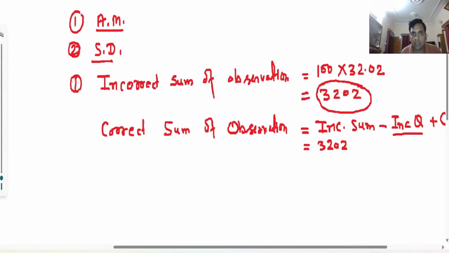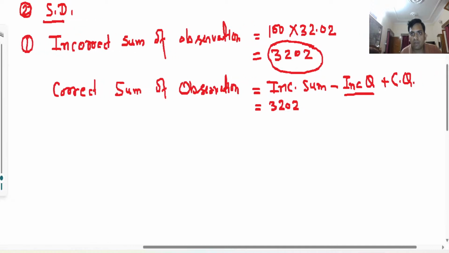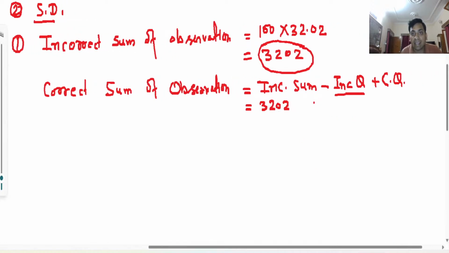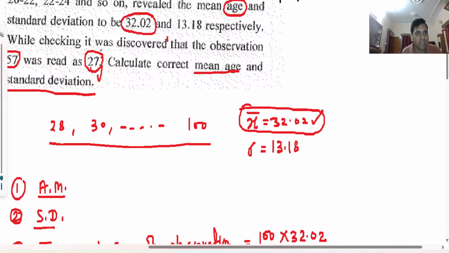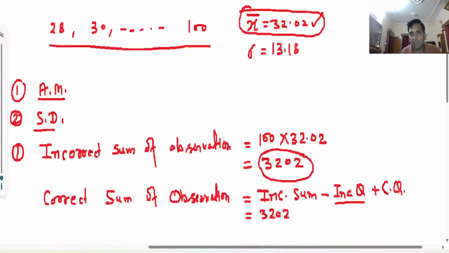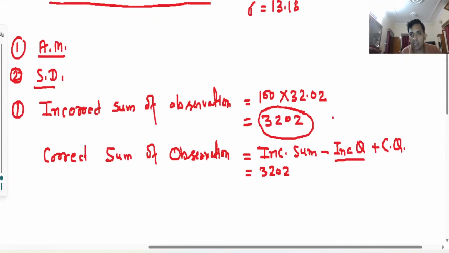Just a second. So now we will subtract the incorrect quantity. In this case, the incorrect quantity we have is 27 and the correct quantity was 57. So we will replace the incorrect quantity by subtracting this 27 and adding this 57.